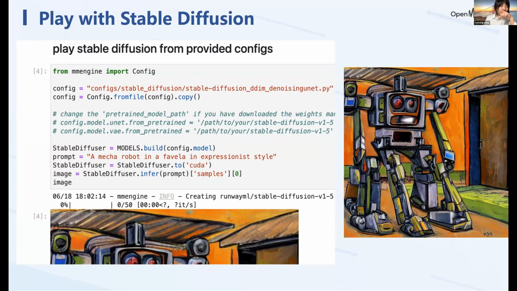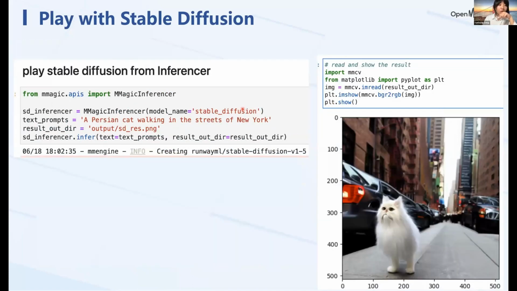And if you think it's hard to define everything in detail as in the first way and the provided configs way, we also provide the third way to play with Stable Diffusion. In this way, you can run Stable Diffusion with only 5 lines of code.